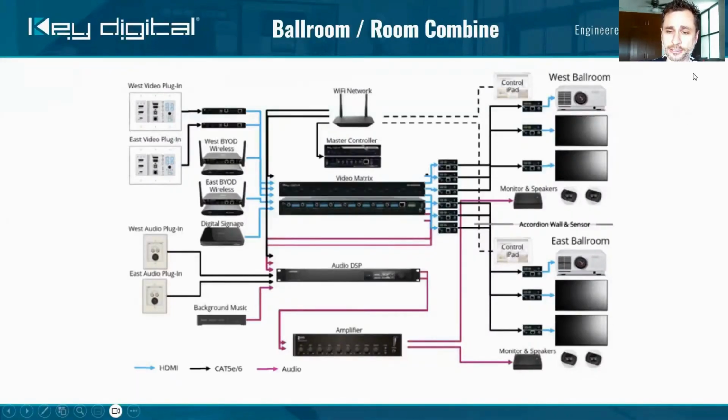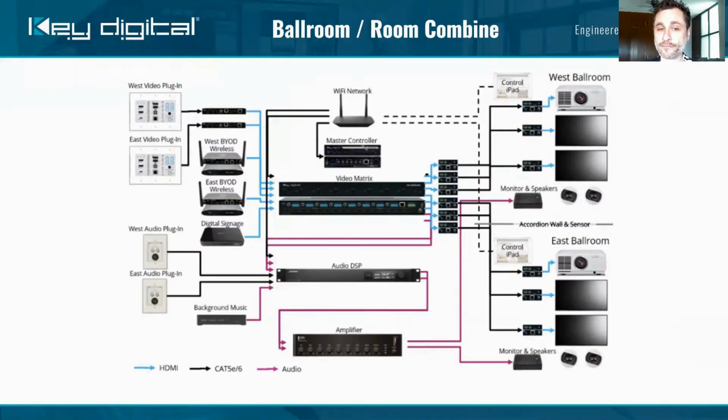So we showed a few typical application examples earlier. Let's take a look at this one here, another ballroom where we see integration with our HDBaseT transmitter wall plate with receivers so that you can have a variety of HDMI, USB-C, DisplayPort, variety of interface options for connecting user laptops and devices.